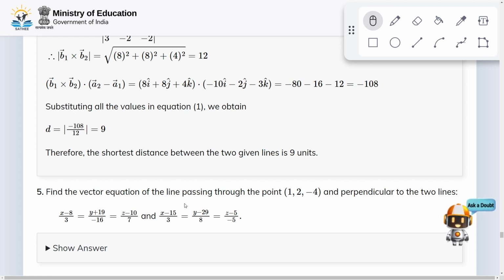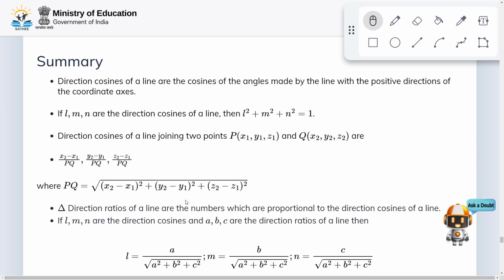Now we will proceed. Let's see a quick summary of what we have learned so far. Direction cosines of a line are the cosines of the angles made by the line with the positive directions of the coordinate axes. If l, m, n are the direction cosines of a line, then l square plus m square plus n square is equal to 1.